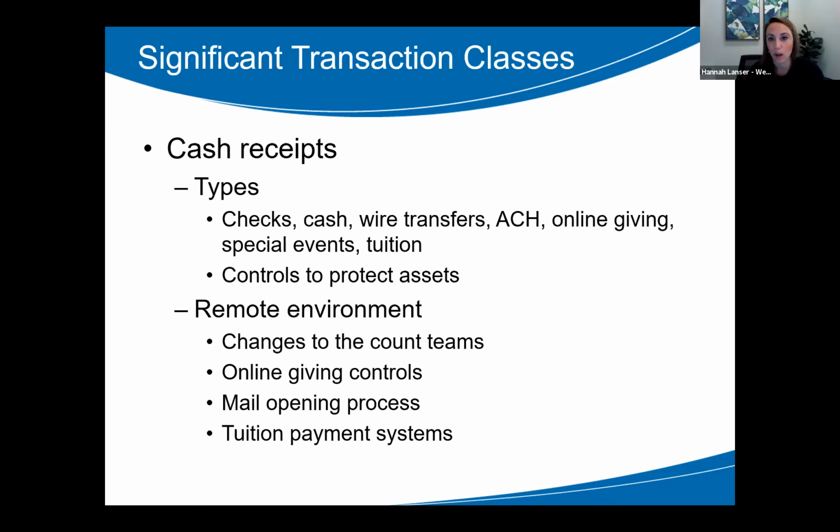So if you have switched to an online giving model, what are the options for people to add bank accounts? Is it possible for your accountant right now or yourself to add a personal bank account? What's in place to prevent that from happening? For the mail, as much as possible, limiting access to the mail and still, if possible, having 2 people involved in any mail opening processes.